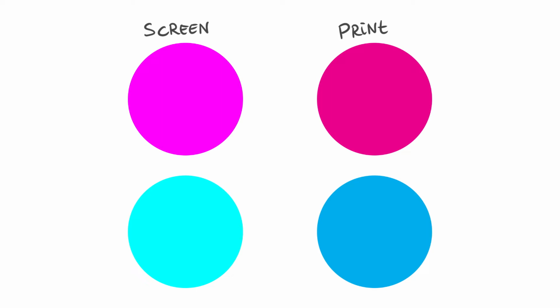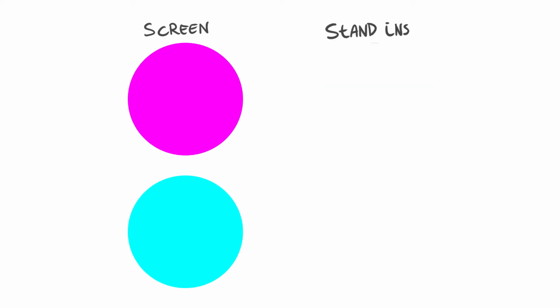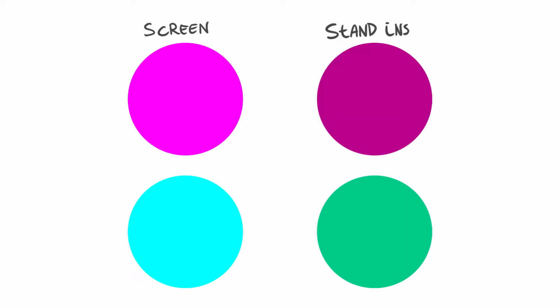When we're looking at a screen, we're seeing colors in RGB, which is a lot brighter because it's light-based colors rather than ink-based colors. This is why I switched out cyan for more of a greeny teal color, and magenta for more of a red-purple color, because these colors tend to follow the gradient a little bit better than the light-based colors do.